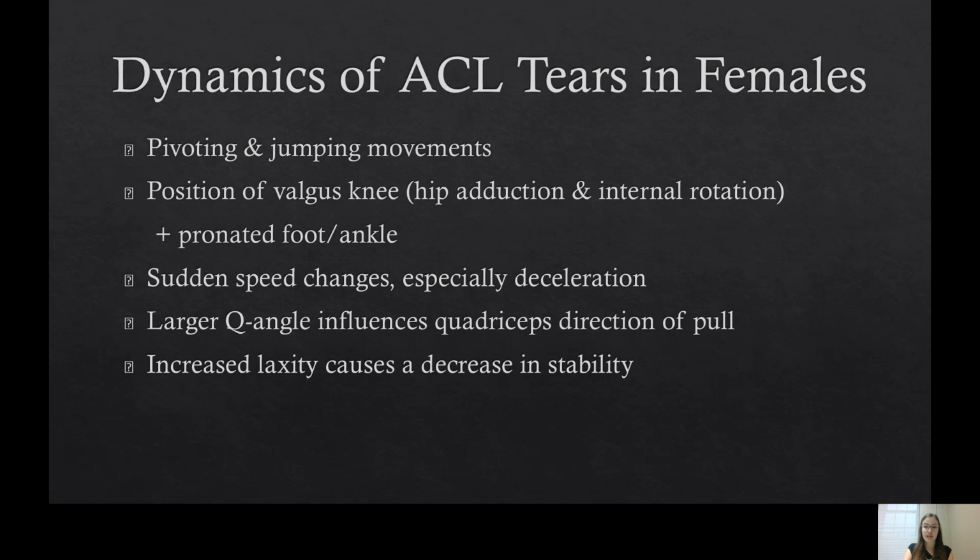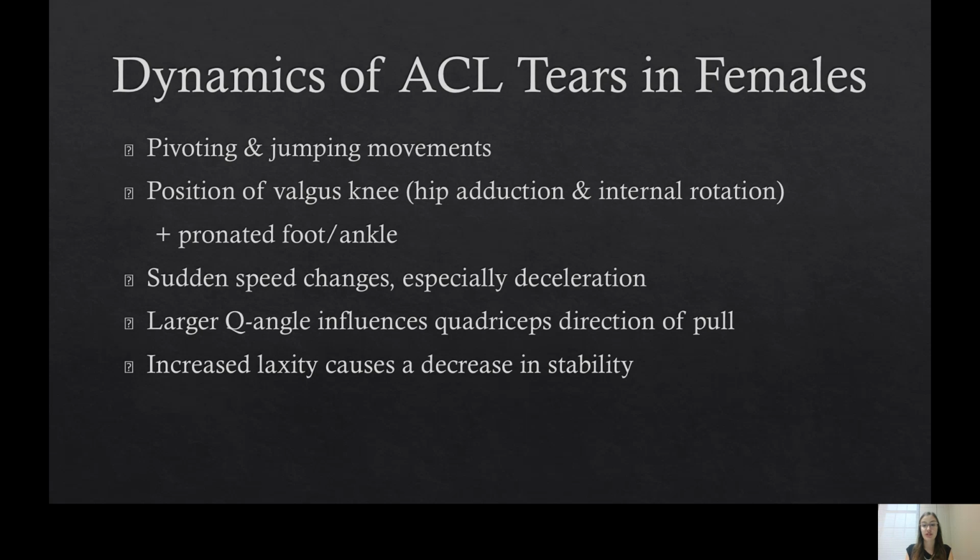When a female tears her ACL, there are a number of movements and dynamics typically implicated in the injury. First, movements involving a pivot or jump are usually involved in an ACL tear. If the leg moves into a position of exaggerated valgus knee with the hip in adduction and internal rotation, along with a pronated foot and ankle, the athlete will be at risk to tear her ACL.